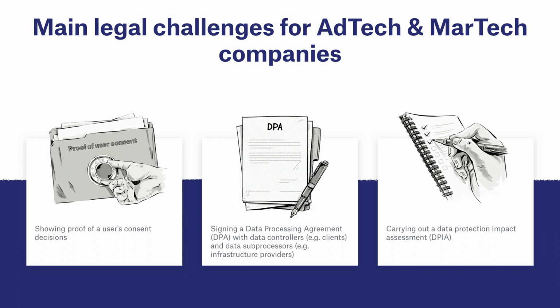So you essentially need to have DPAs with your clients and with the companies that will potentially have access to the personal data that you collect on behalf of your clients. It's also important to ensure that the security measures listed in your DPA with your clients are actually implemented into your technology, such as pseudonymization and encryption.